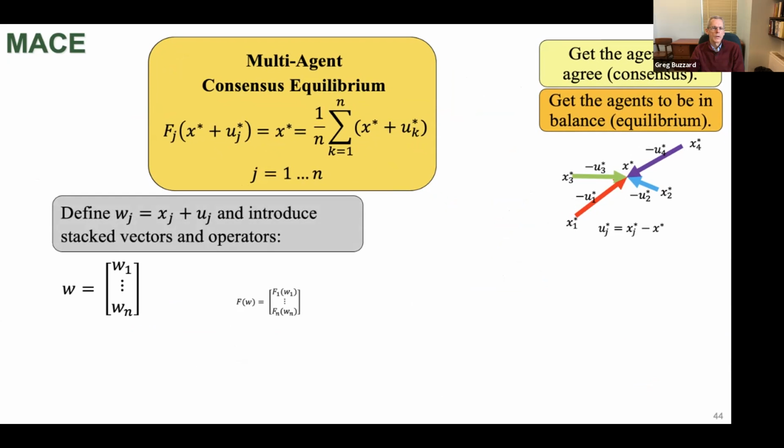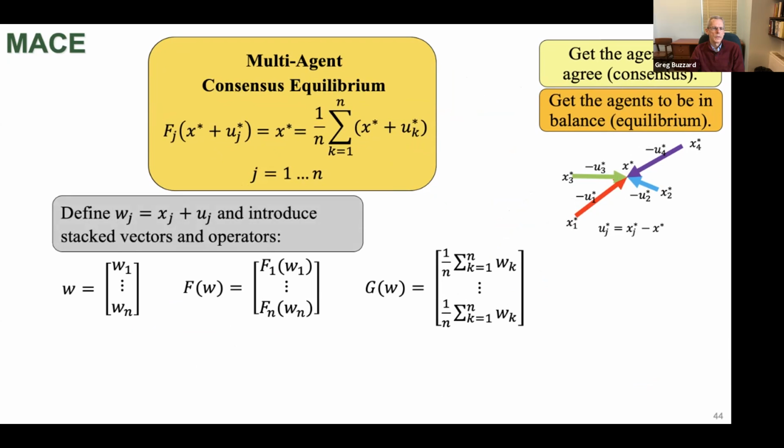Okay, we'll make it look a little bit nicer by introducing some stacked vectors. So we introduce a new variable that has the input point plus the displacement vector. That's W. We stack all these things. And here we define this G operator, which averages each of the input variables and then distributes them.